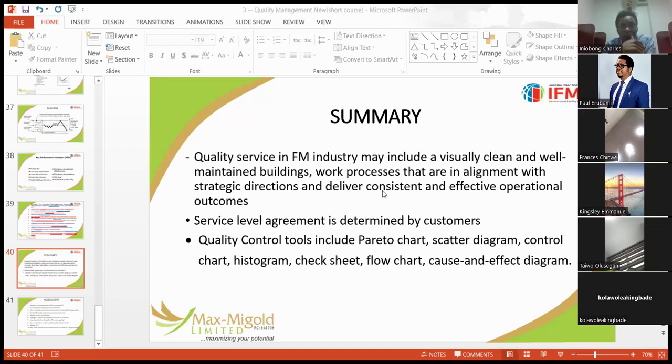So the issue here is more of contracting, right? Number one, due diligence was not done on that facility. Facility condition assessment was not done.